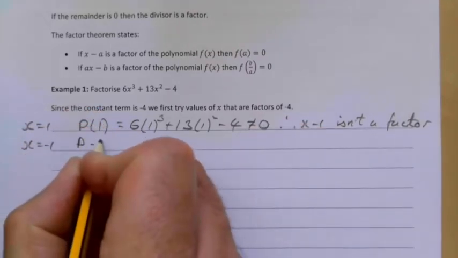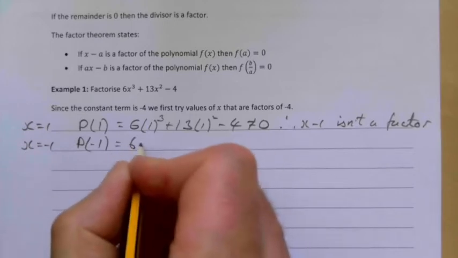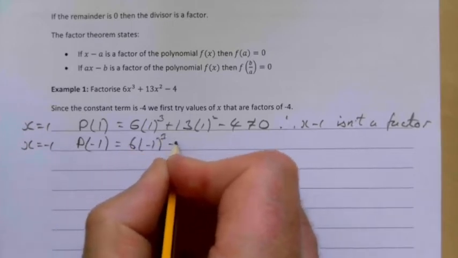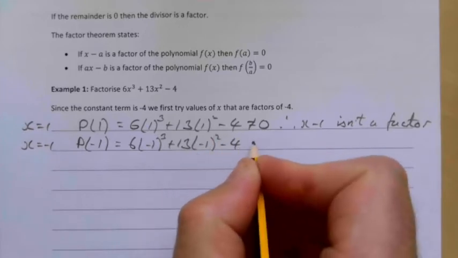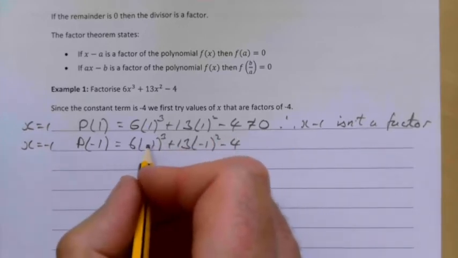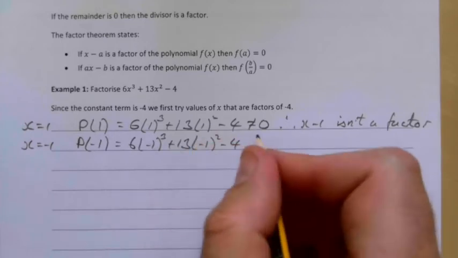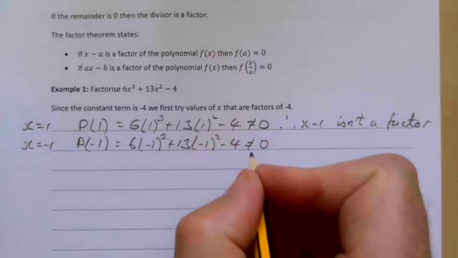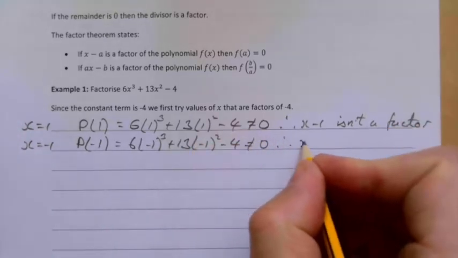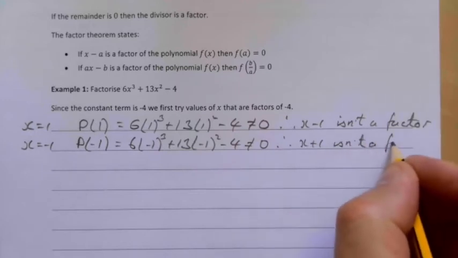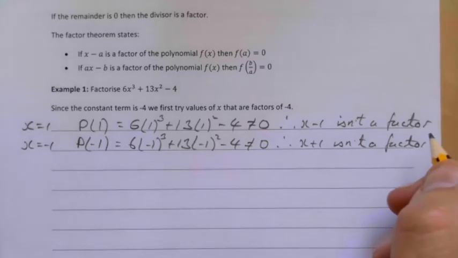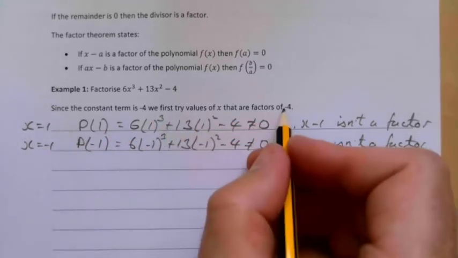So we're trying p of minus 1. 6 upon minus 1 cubed plus 13 minus 1 squared. Take away 4. That's going to give me minus 6 and minus 4. It's still not 0. Therefore x plus 1 isn't a factor. So let's move on to the next factor.